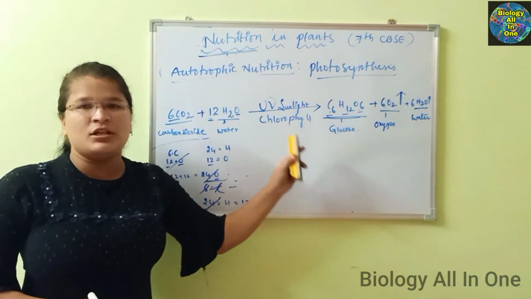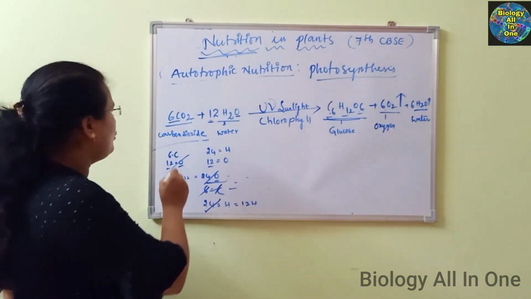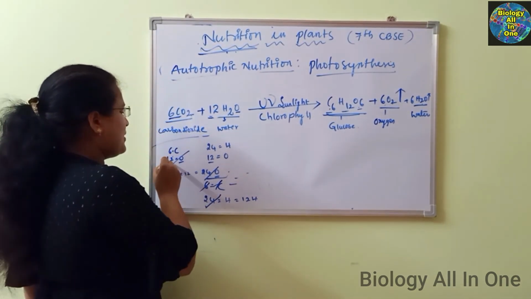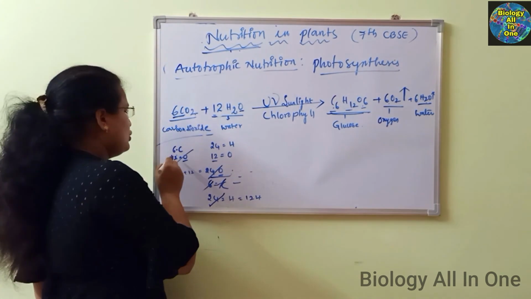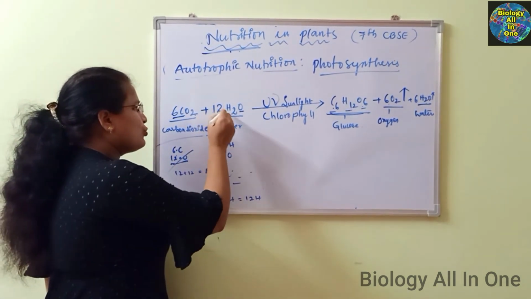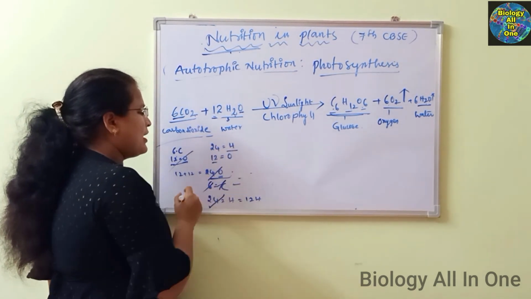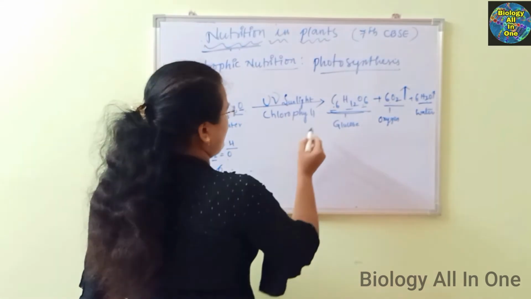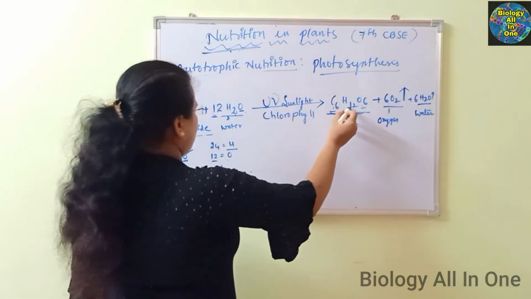If you have any confusion, once again you see here, I am telling you. See, 6 carbons are there. Here 6 twos are 12, 12 oxygens are there. Here 12 twos are 24, 24 hydrogens are there. 12 oxygens are there. Why are you balancing the equation? C6 got finished.